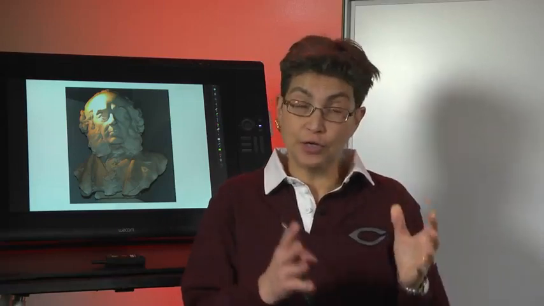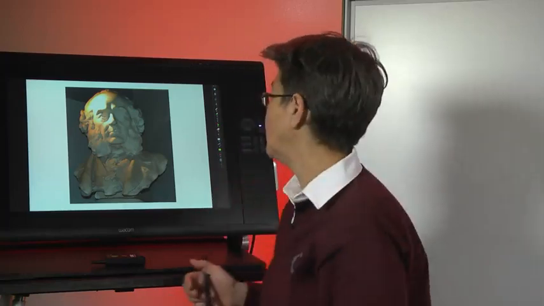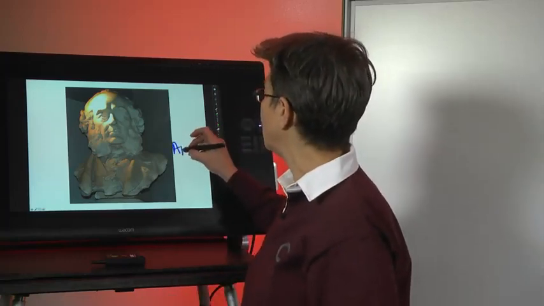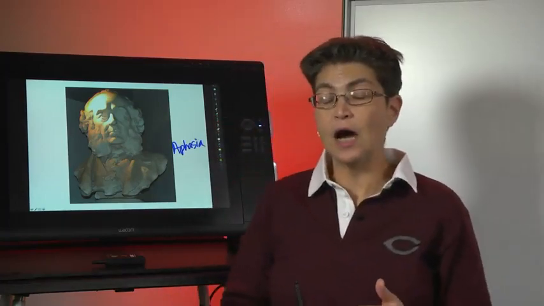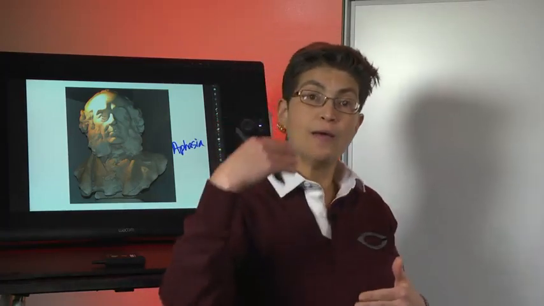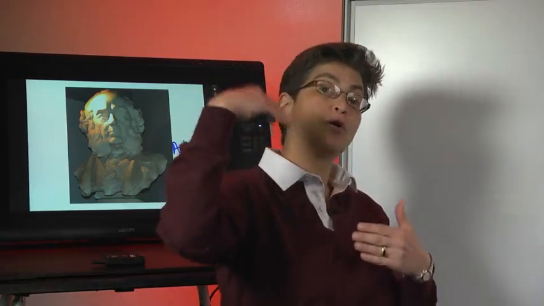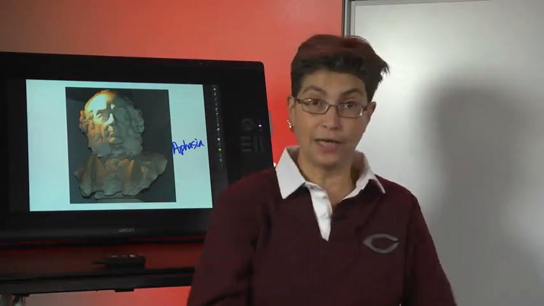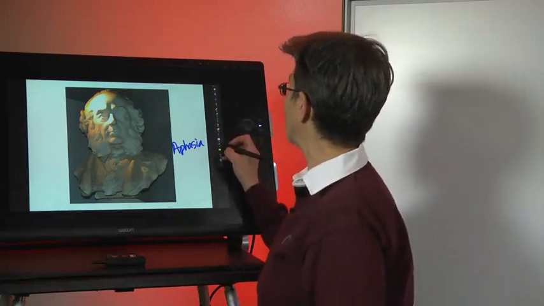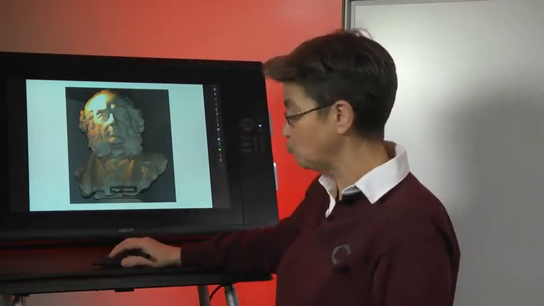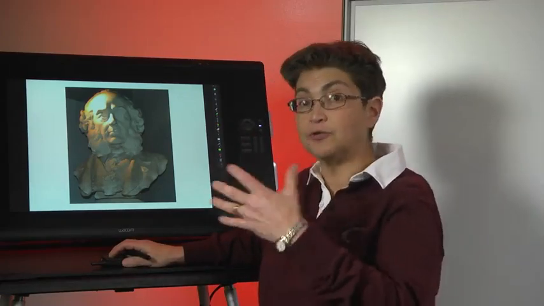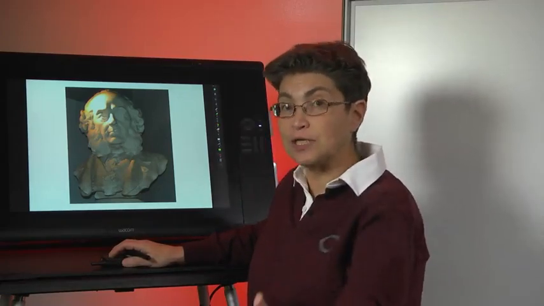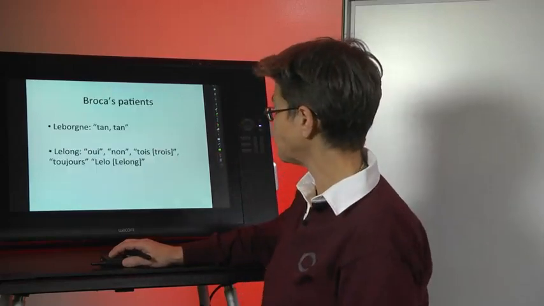And so injury to various parts of the left cerebral hemisphere will result in something called aphasia, which is an inability or an impairment of language, either understanding language or expressing language. There are two general types of aphasia: the receptive, understanding language, and the expressive, producing language.